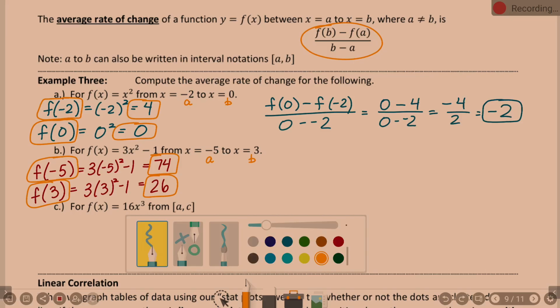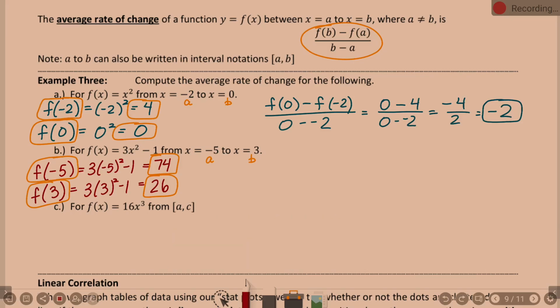You got all of your information, set it up. F of B minus f of A. So officially, I'm going to say f of 3 minus f of negative 5, or you could go ahead and just fill in the numbers, over 3 minus negative 5. So what are we doing? 26 minus 74 over 3 minus negative 5.